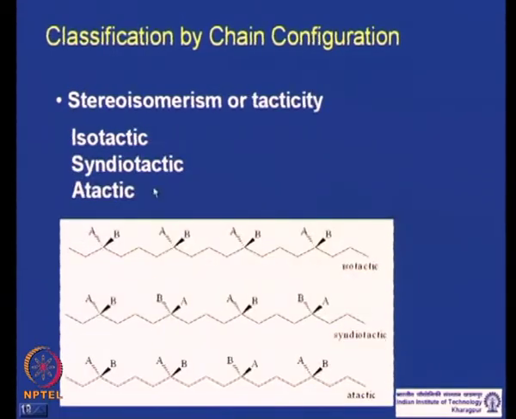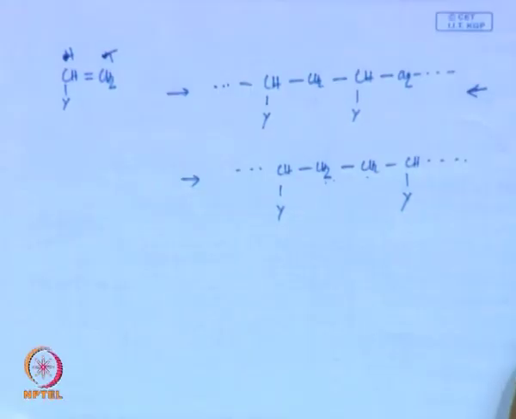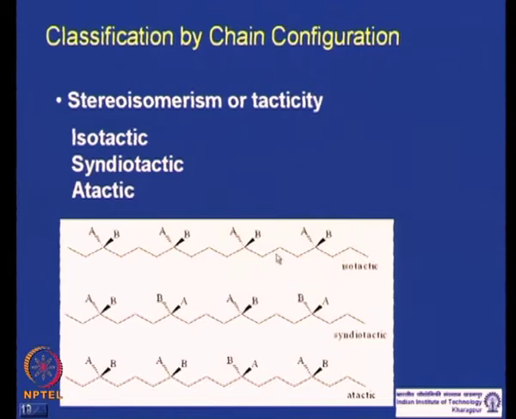You can have stereoisomers, which we call in polymer terms different tacticity. If the chiral centers have similar geometries, all these monomers are linked with the same stereochemistry, then we call this isotactic.